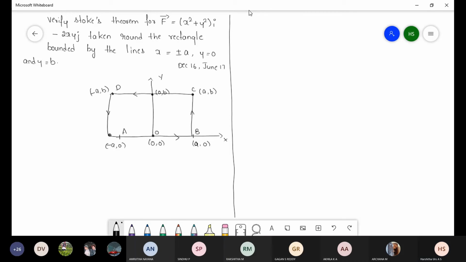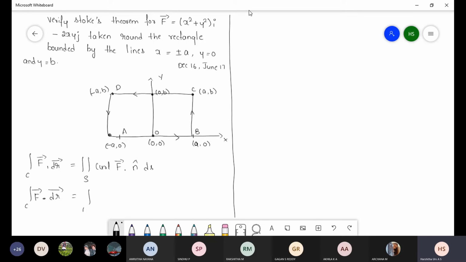Now write the Stokes theorem formula. Integral over the curve C vector f dot vector dr is equal to double integral over the surface S curl vector f dot n cap ds. Now let us write the LHS side with the curve.